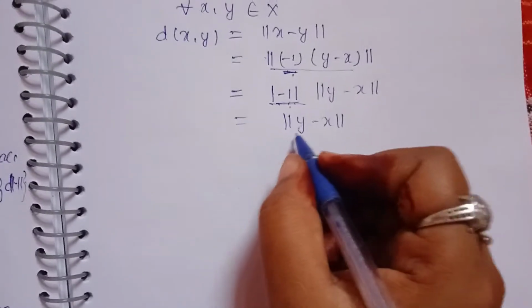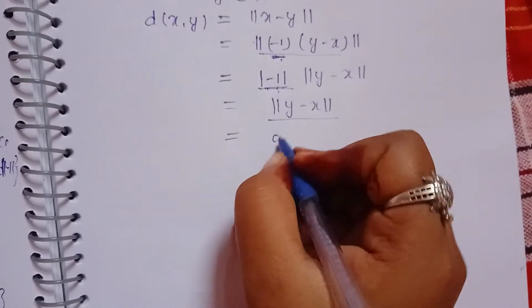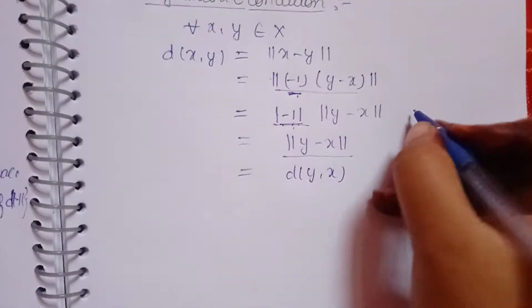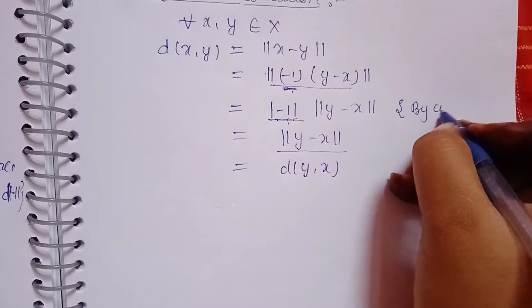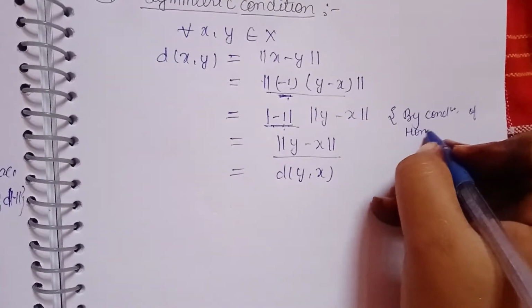So it will be norm of y minus x, which is equal to d(y,x), by the condition of homogeneity of norm.